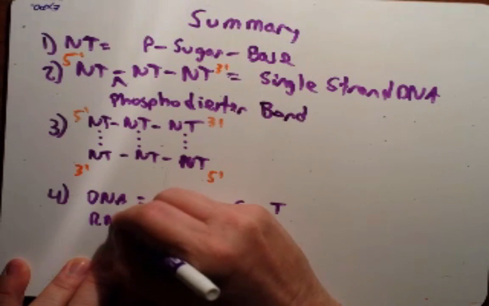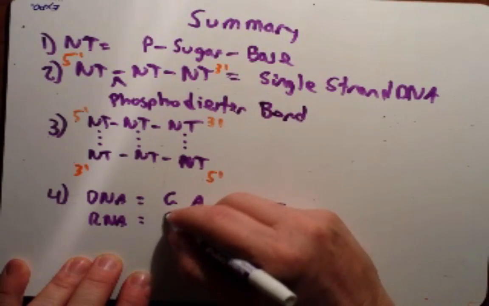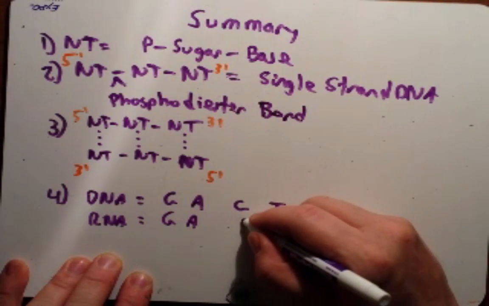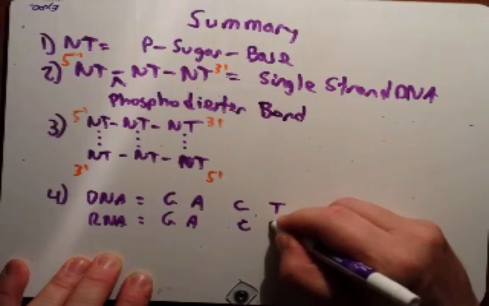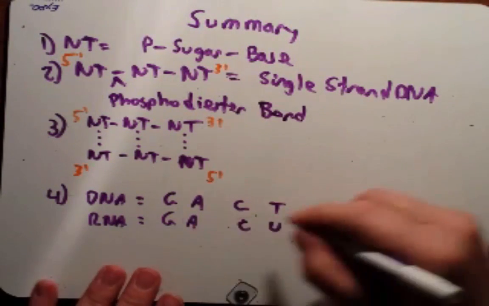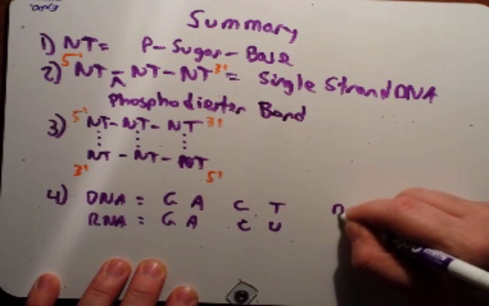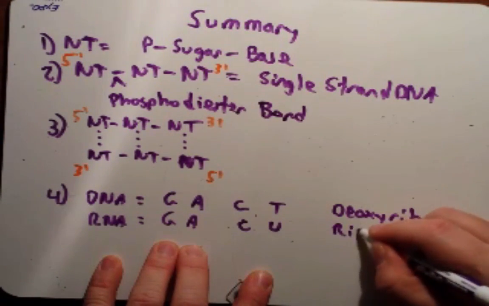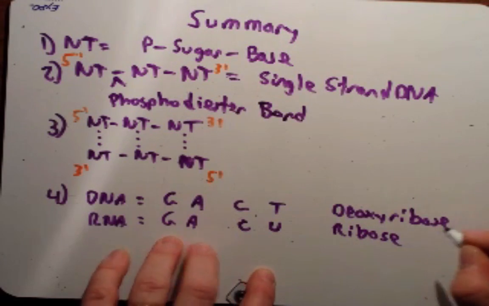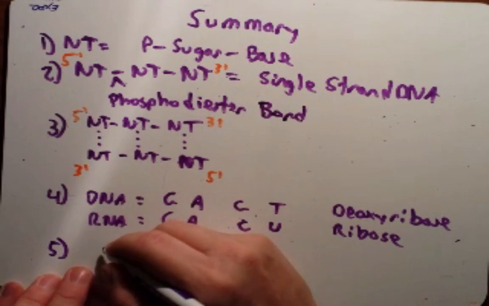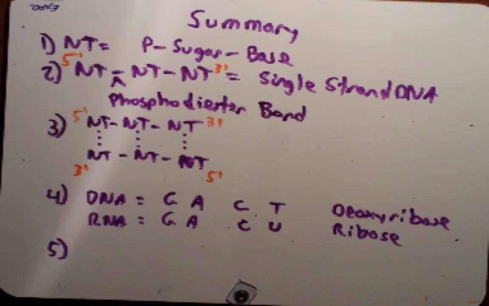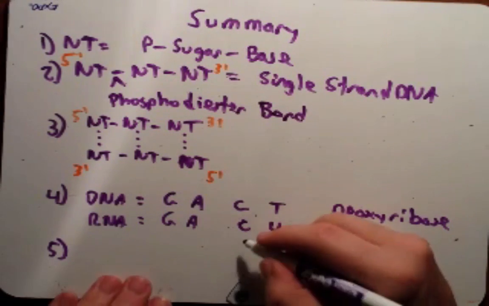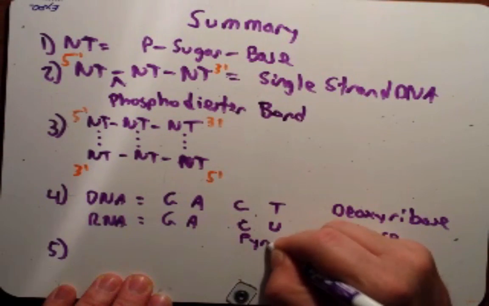And then in RNA, they are also guanine and adenine, or cytosine and uracil. We also learned that in DNA the sugar is deoxyribose, and in RNA the sugar is ribose. You also learned that guanines and adenines are purines, and cytosines, thymines, and uracils are pyrimidines. So I guess we can write those under here in small letters.